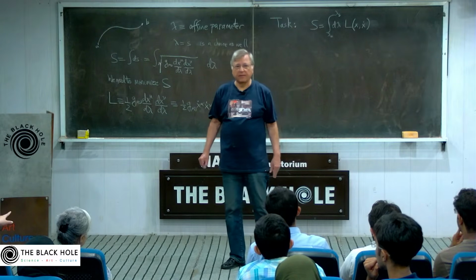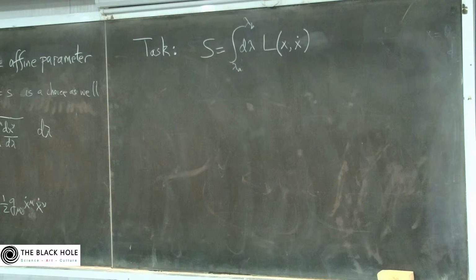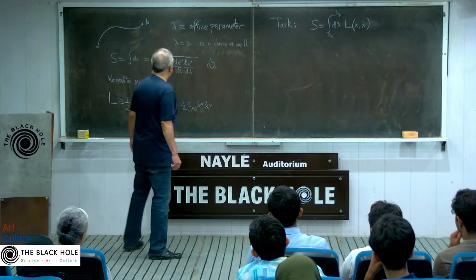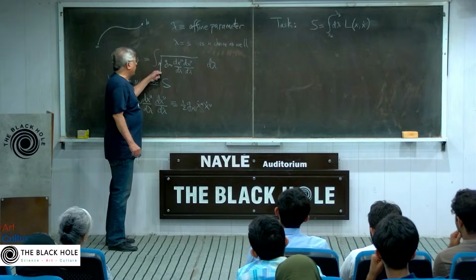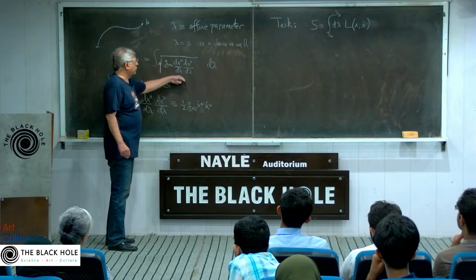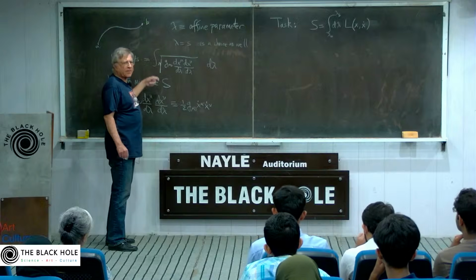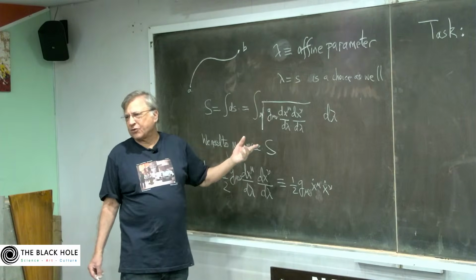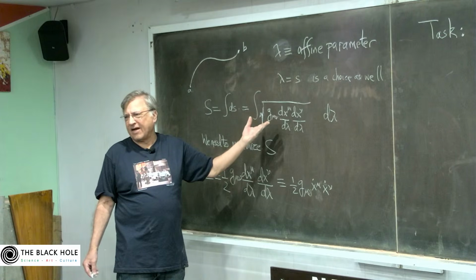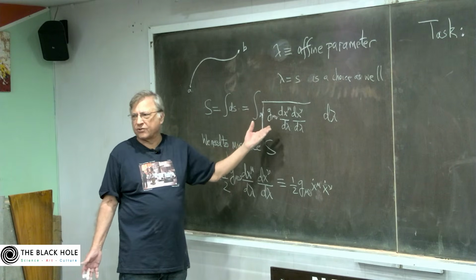Shouldn't it be the root of L? So let's come back to this. What I need to do is to minimize this. But if I minimize the square, then I'm also minimizing this, and I don't like dealing with square roots.